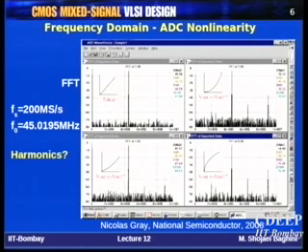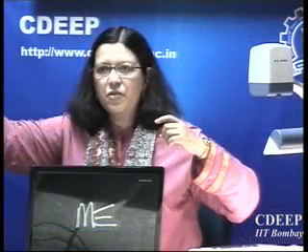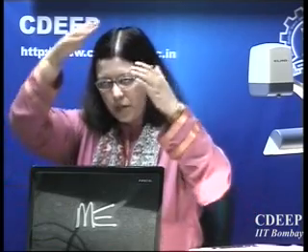The effect of these higher harmonics will be folded into the bandwidth, because your bandwidth is between minus fs by 2 and fs by 2. The tails of this repeated spectrum, with attenuated amplitude because of sinc, will interfere with each other, so they will be folded into the spectrum.